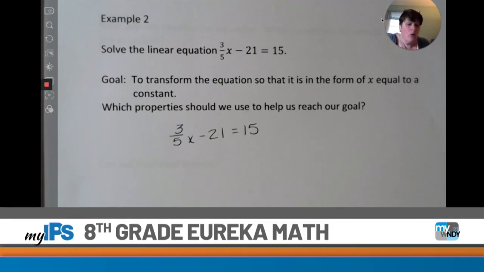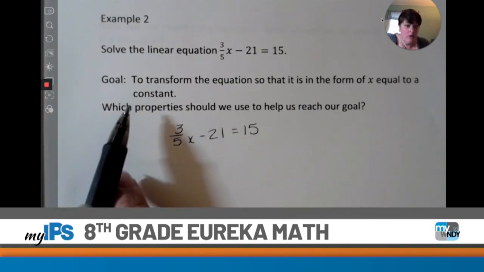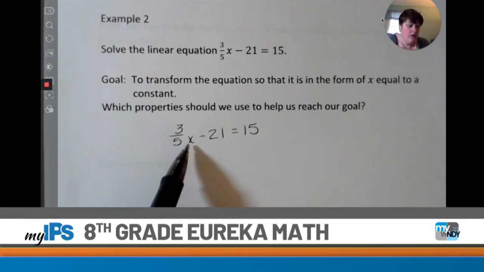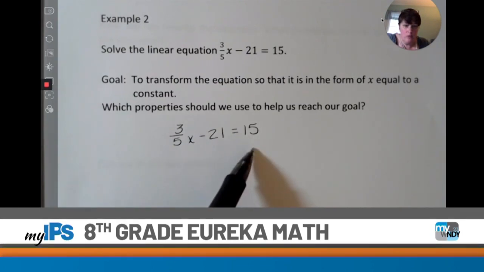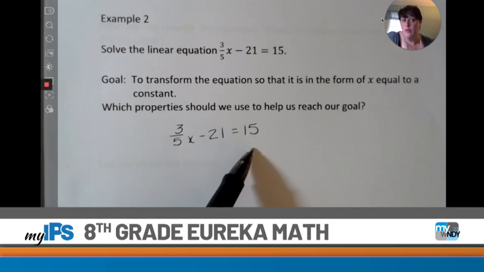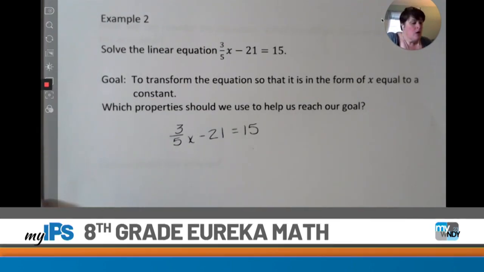The goal is to transform the equation so that it is in the form of x equal to a constant. So we want this x to stand by itself and a constant on the other side of the equal sign. All right, which properties should we use to help us reach our goal? Well, we should use our properties of equality, right? Those are the ones that we studied earlier today.